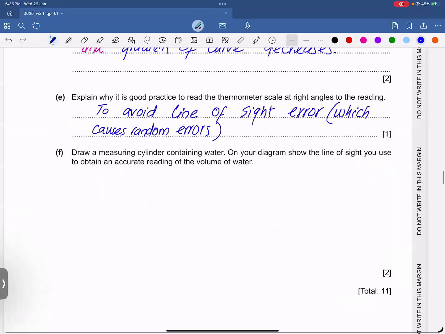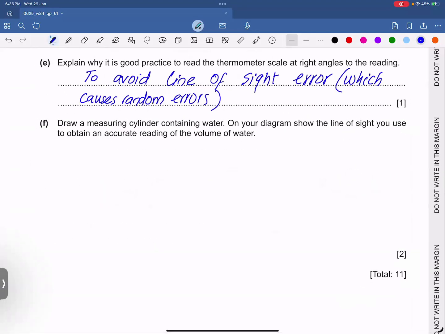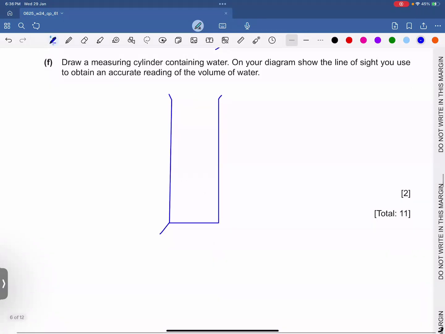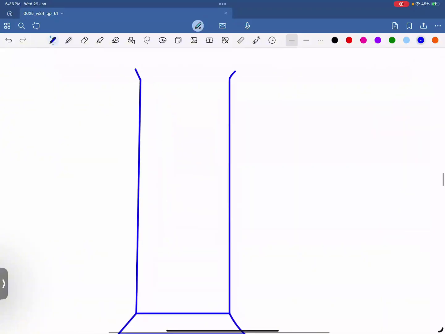Okay. Now the part F is draw a measuring cylinder that contains water, and in your diagram show how line of sight could be used to obtain the reading. Okay, so first of all, we draw a measuring cylinder like that. You can make its base like that, and you can make two layers just to say how can you do.